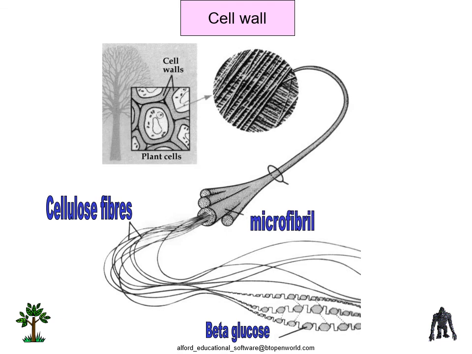And just reminding you of that key term, when we're talking about lots and lots of cellulose fibres being held together by many hydrogen bonds, we say they form microfibrils. And those microfibrils are what are arranged into larger macrofibrils that make up this matrix arrangement, which is the cell wall.